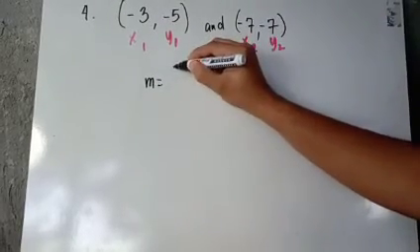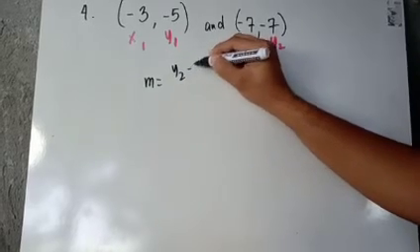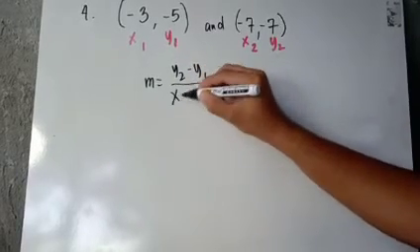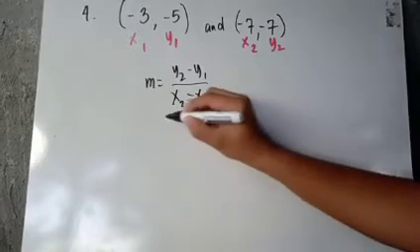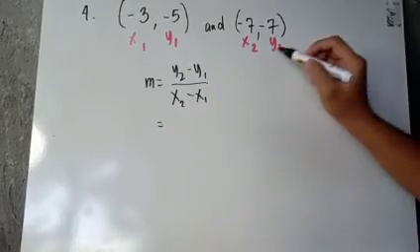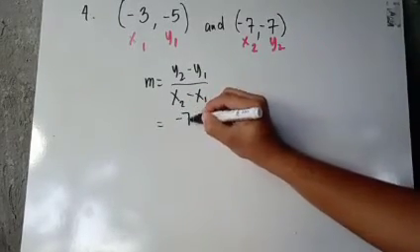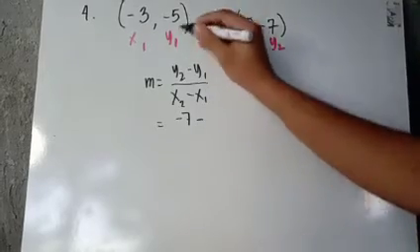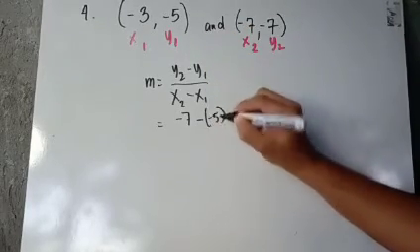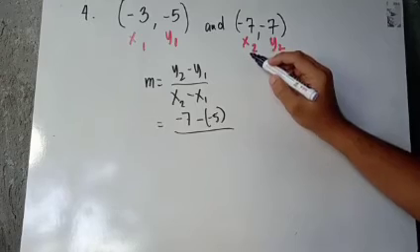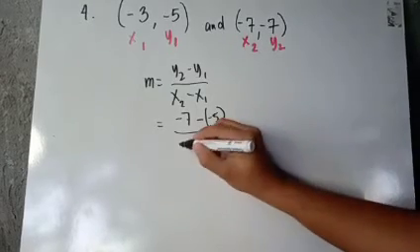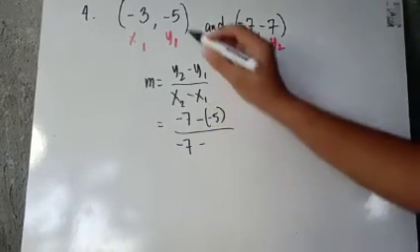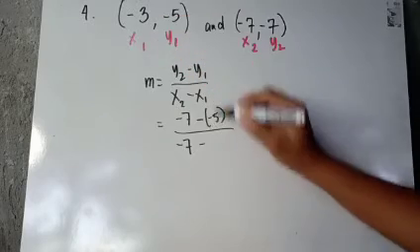So, we have this one: y sub 2 minus y sub 1 over x sub 2 minus x sub 1. Okay. So, yung y sub 2 natin, negative 7. Minus itong y sub 1, negative 5. Ayan. All over, x sub 2 natin, that is negative 7. Minus itong x sub 1, negative 3.